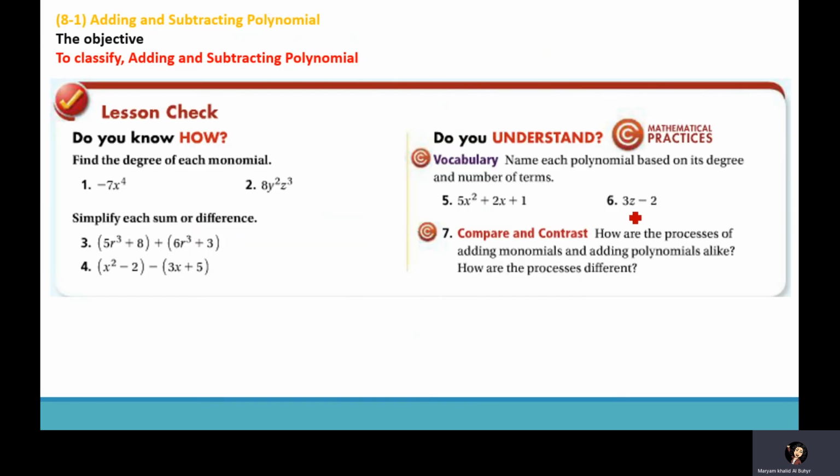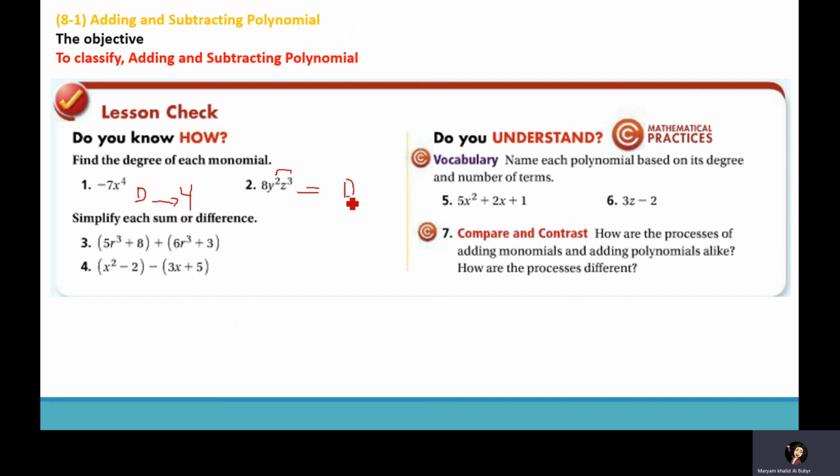That's for this part. Here is just a quick review for this lesson. So we have this. I'm going to review it with you. Find the degree of the monomial. So the degree of the monomial is here. The degree is 4. The degree for this one is 2 plus 3, which is equal to 5.